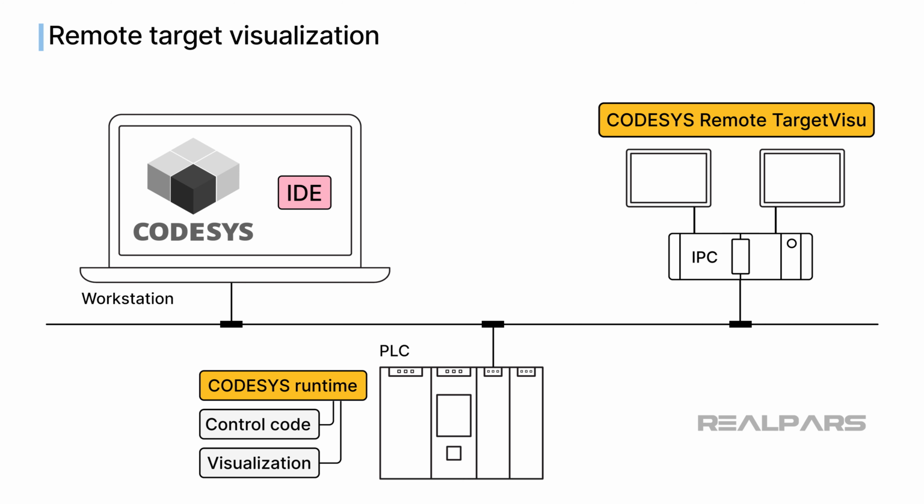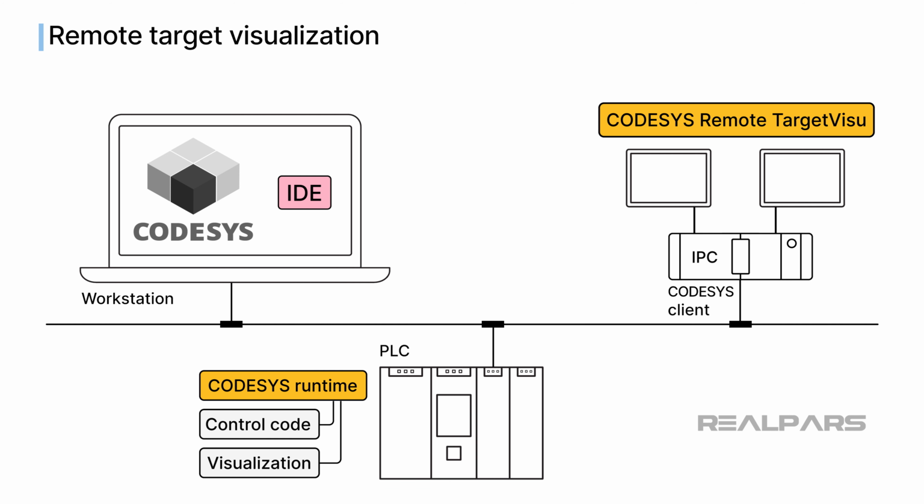A remote target visualization deployment is a distributed version of a target visualization deployment. In a remote target visualization deployment, a single CODESYS runtime instance runs both the control code and the visualization. The runtime sends graphic commands to one or more CODESYS clients that are connected to the runtime over a network. These CODESYS clients are usually industrial PCs spread through a manufacturing facility, but may be distributed over a much wider area.